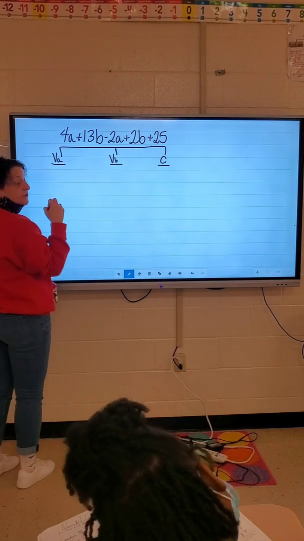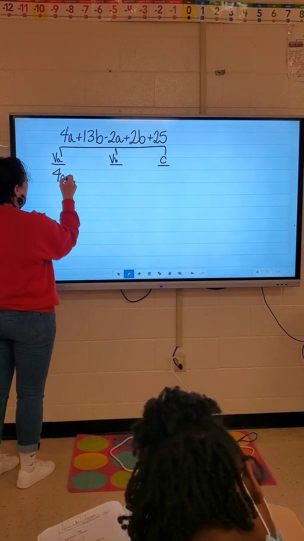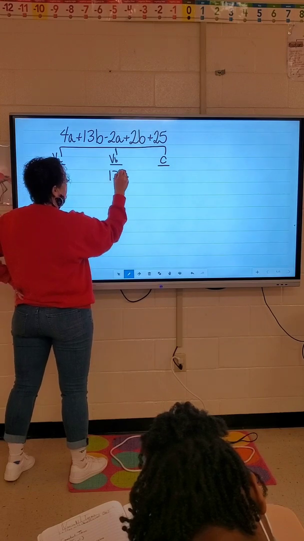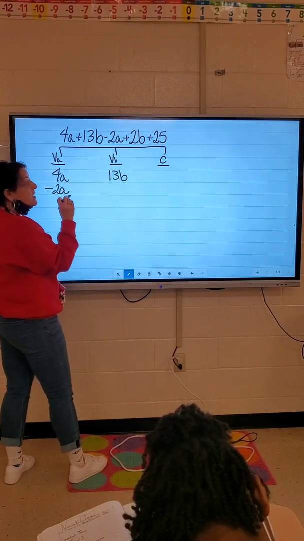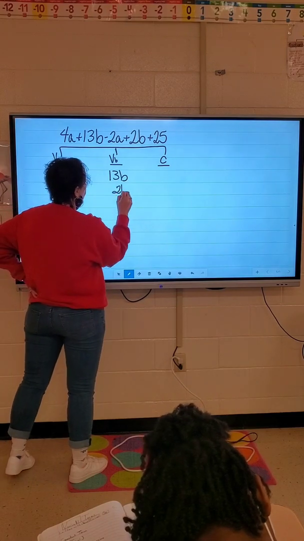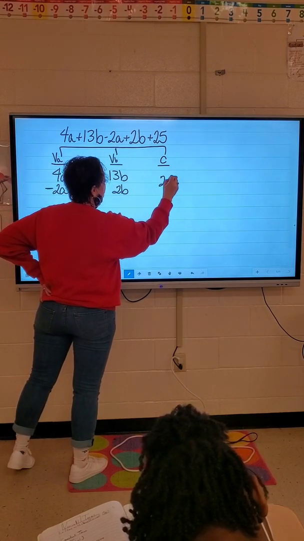So now we're ready to sort. 4A, a 13B, a negative 2A, a 2B, and then a 25.